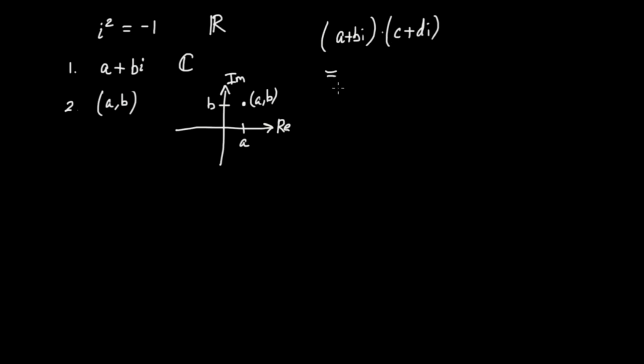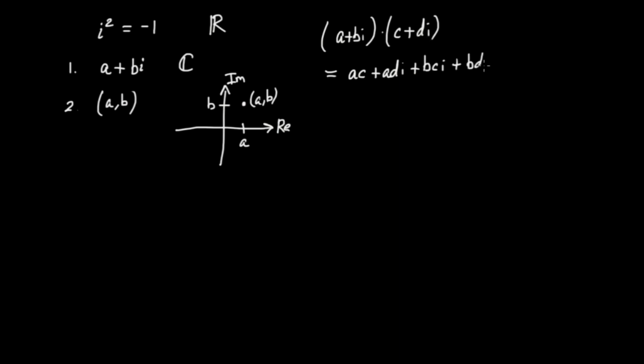Now let's go right ahead and distribute everything. So I'm going to distribute the a to c plus di, and what I'm going to get is ac plus adi. Now let me distribute that bi to these two terms. So I'm going to get next b times c times i, or bci. And then finally, I have b times d times i squared.